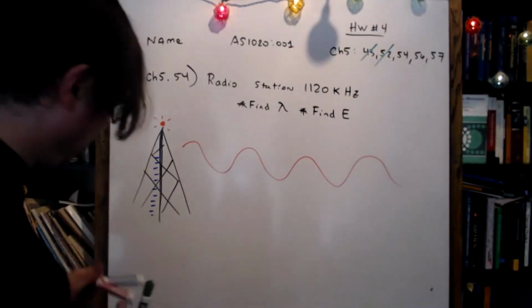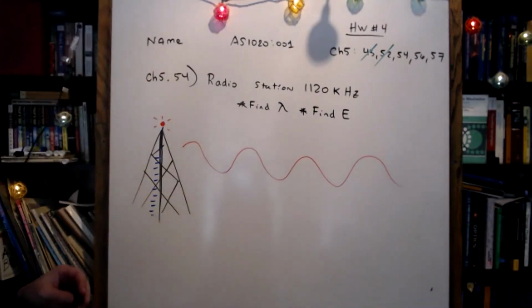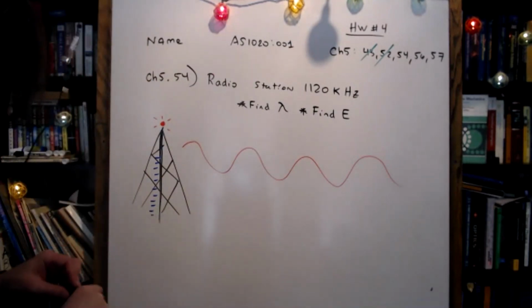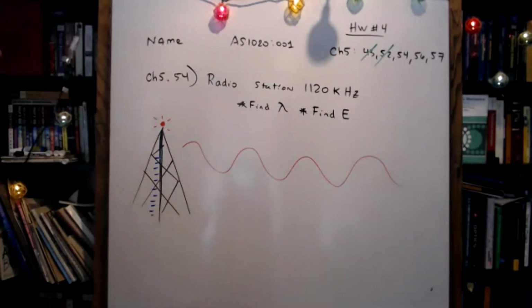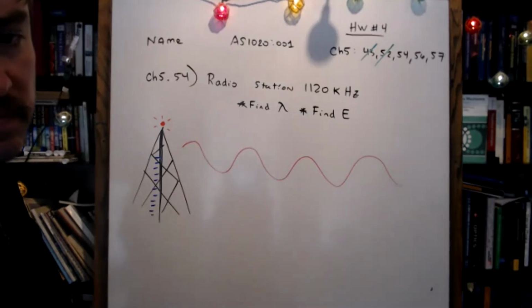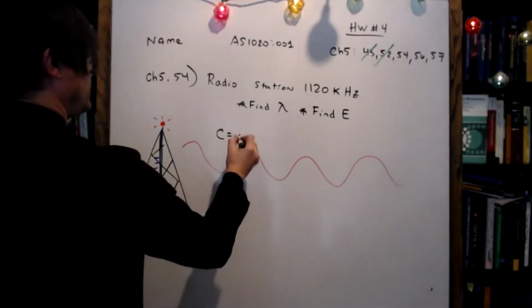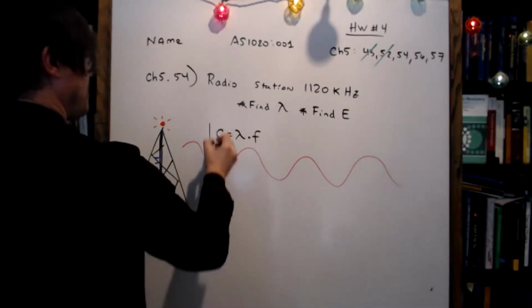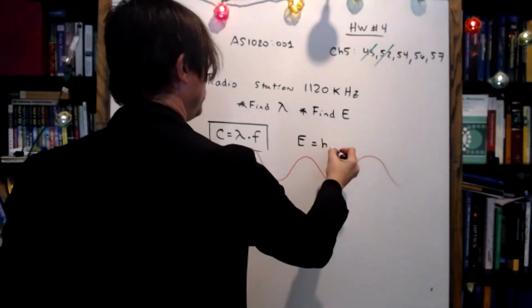To do that, I'm going to need some formulas. Some formulas that I gave you at the end of lecture. What are the formulas? You got c equals lambda times f. Correct. The other one is E equals h times f. Okay, where should we start?